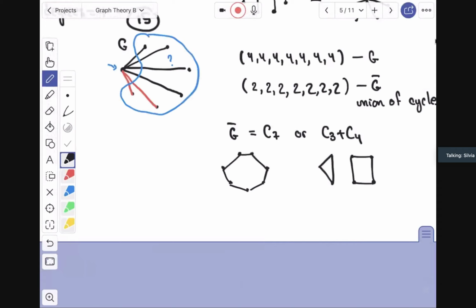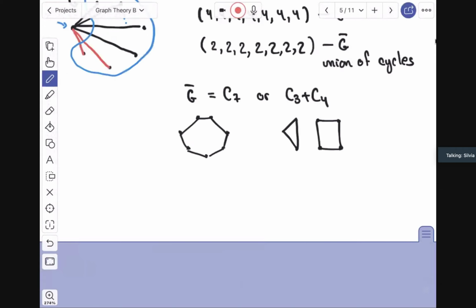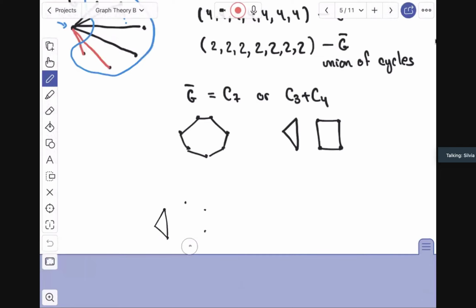If this is your original graph, as I had it there, so a C4 plus a C3, just join with edges all the pairs that are not already joined by edges. So that's going to be the complement.